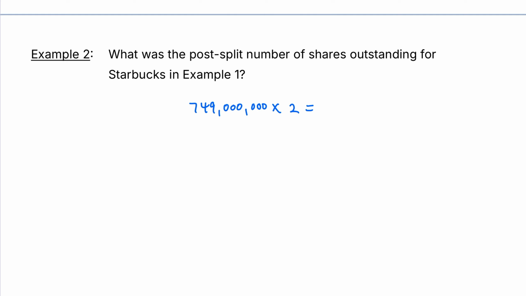And punching this in the calculator, we would get 1,498,000,000 shares outstanding, or we would write 1.498B. So that would be the answer for the post-split number of shares outstanding.